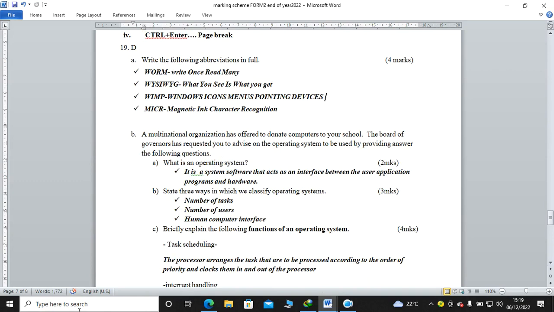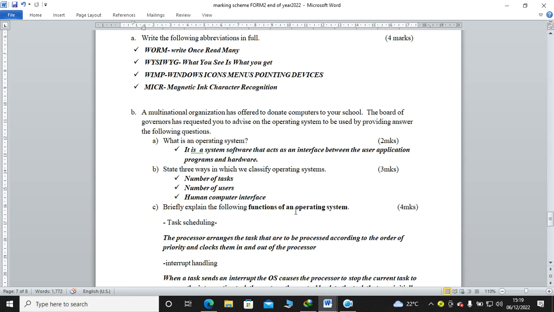Then from there we have a multinational organization. A multinational organization has offered to donate computers to your school. The Board of Governors have requested you to advise on the operating system to be used by providing answers to the following questions. What is an operating system? That is the first question you are supposed to answer.